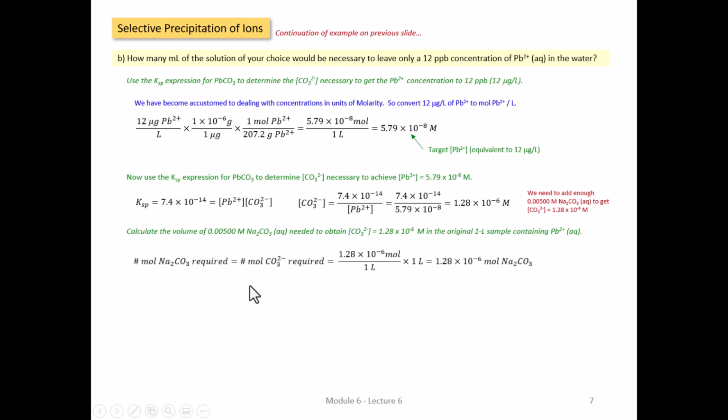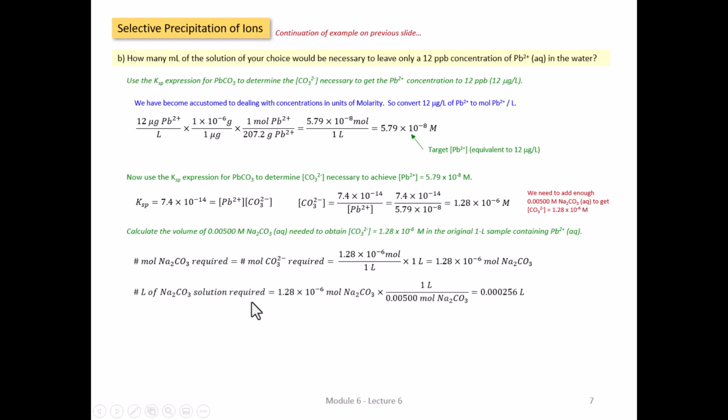Well, the number of moles of sodium carbonate required would be equal to the number of moles of carbonate required, because there's 1 carbonate in every sodium carbonate. And that would be the target concentration, 1.28 times 10 to the minus 6 moles per liter, times the 1 liter volume that we started with, that we're going to drip this solution into. So we need 1.28 times 10 to the minus 6 moles of sodium carbonate.